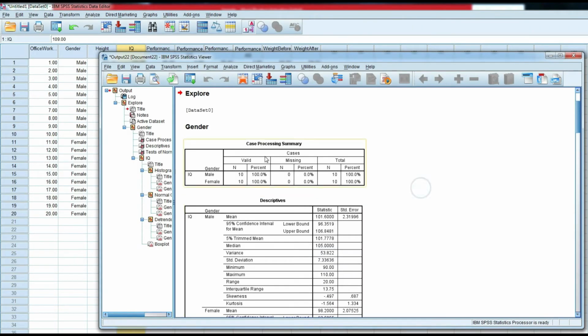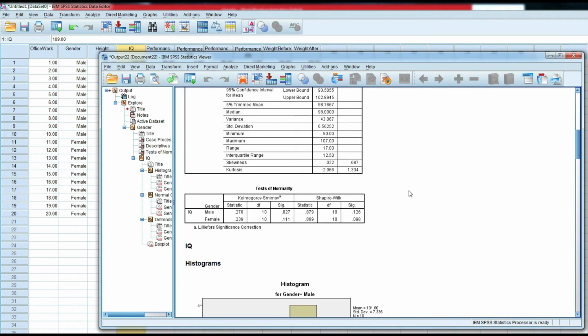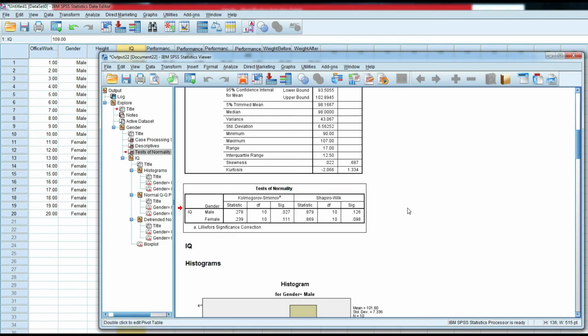From this, we have the case processing summary for gender and the descriptives, but our concern is the test of normality. For the male, we have 0.126, and for the female, we have 0.098. We compare that to our critical value, which is 0.05. 0.126 and 0.098 are higher than 0.05.